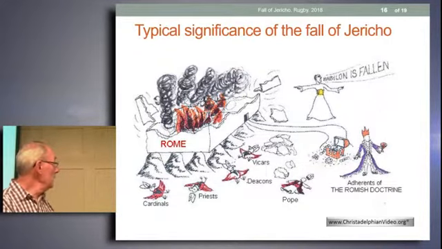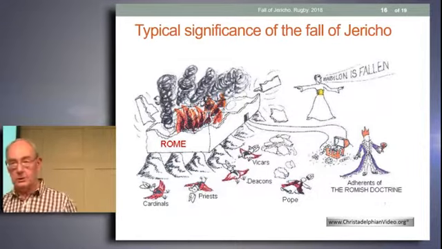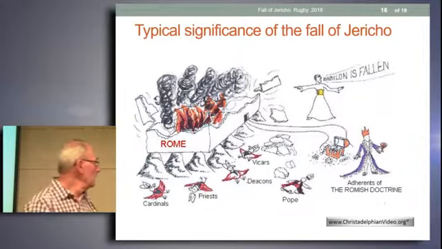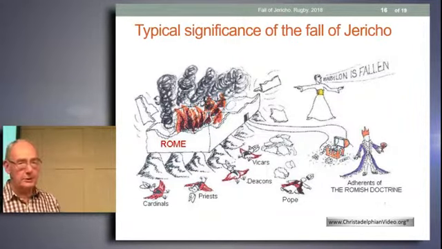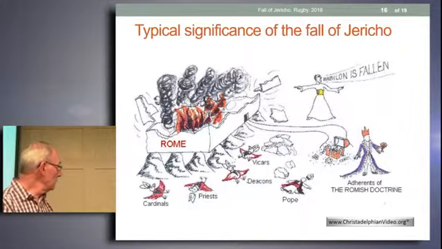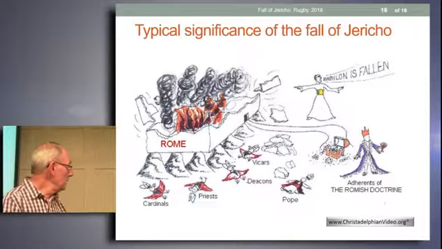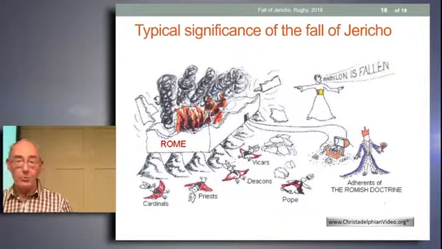Babylon is fallen. It's burned with fire, just as Jericho was burned with fire. In this case, all the official illuminati of the city were all brought to nothing: the cardinals, bishops, deacons, vicars, and so on, including the Pope.